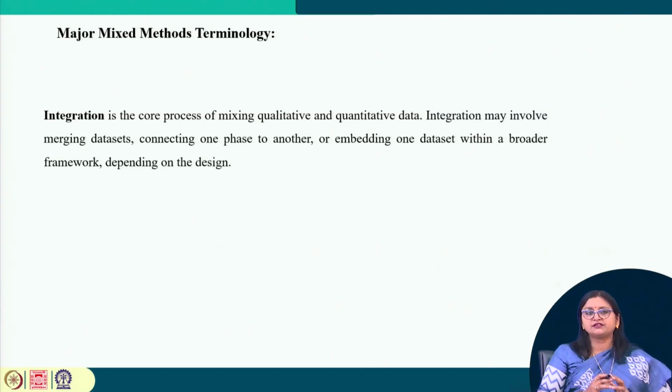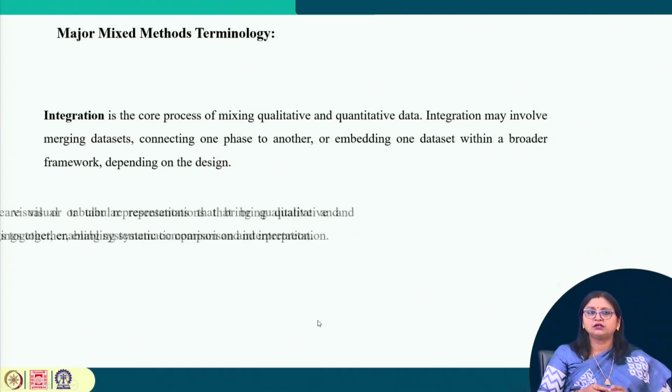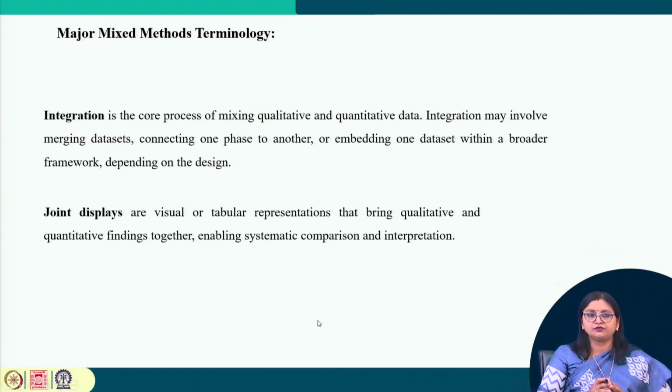This integration is the soul of mixed method research, because the core process of mixing qualitative and quantitative data occurs in the integration. The integration may involve merging data sets, connecting one phase to another, or embedding one data set within a broader framework, depending on the research design you are using.